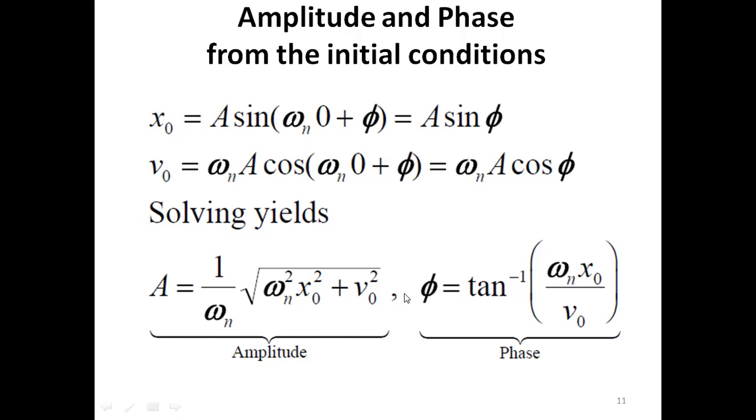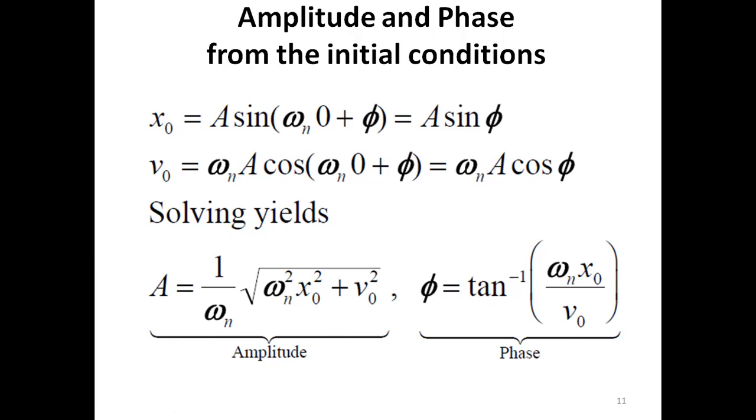Then taking the inverse tangent on both sides, we would have φ equal to tan⁻¹(ω_n x₀ / v₀). So again, for the phase, if you know the initial values of displacement and velocity, then we could find the phase for the vibration.